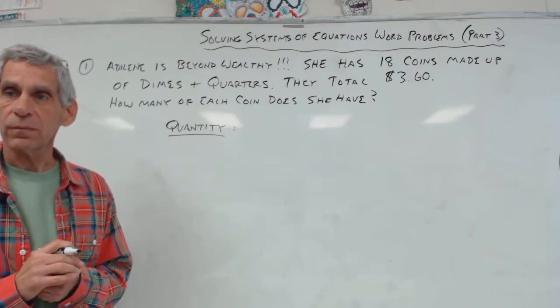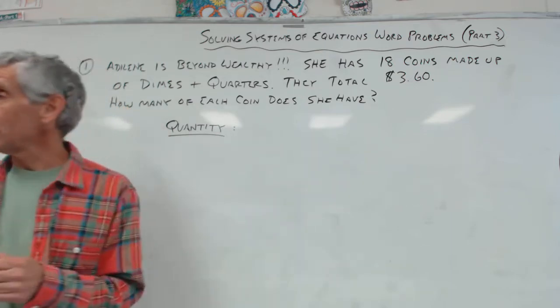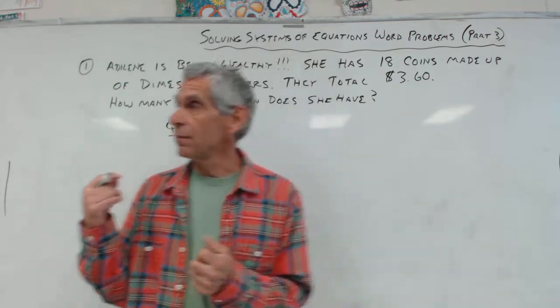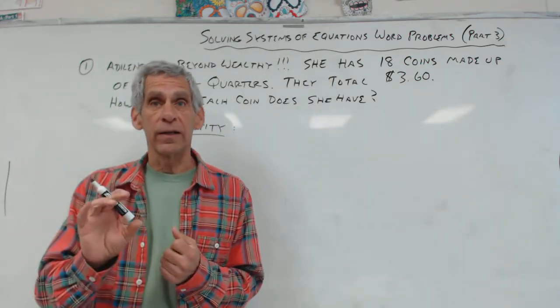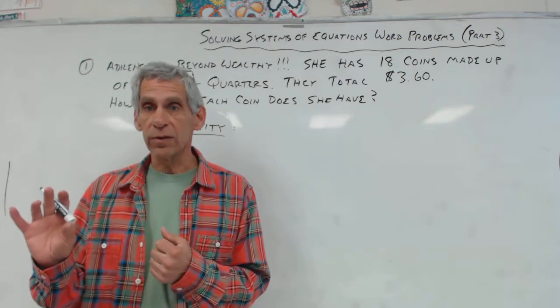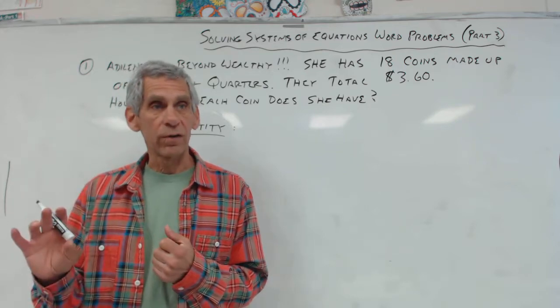Wouldn't it be D plus Q or X plus Y equals 18? Yeah. Now, I'm going to recommend you do not use X and Y for this kind of problem, because we're talking coins that we know the value of. Dimes are worth 10 cents. Nickels are worth 5 cents. Quarters are worth 25 cents.